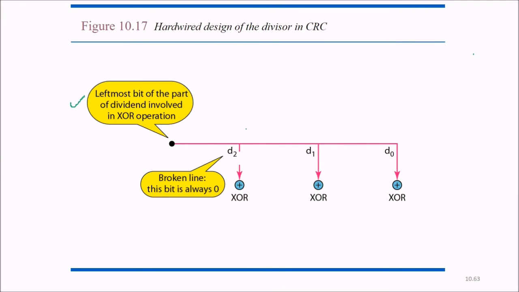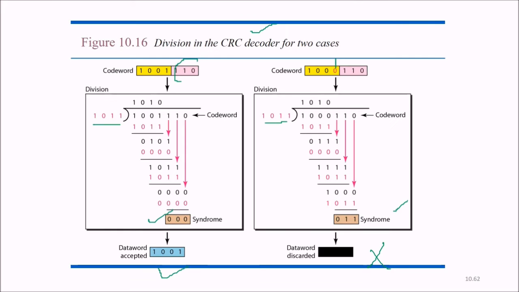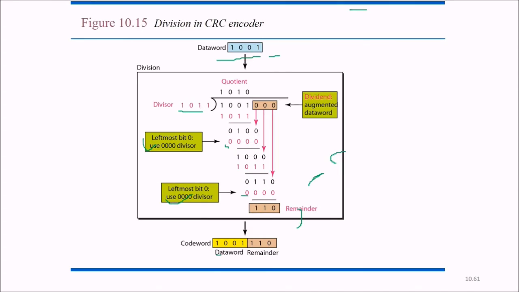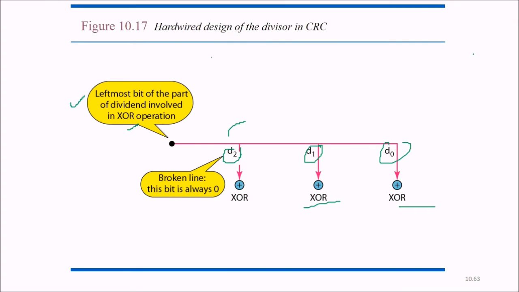So leftmost bit of the part of dividend involved in the XOR operation. These are the broken lines. The bit is always 0, and we XOR it. So this is the hardware implementation for D2, D1, and D0. And you have known that D2, D1, D0 is the divisor. This is the agreed upon divisor. So we'll place it here. D2, D1, D0, and XOR.